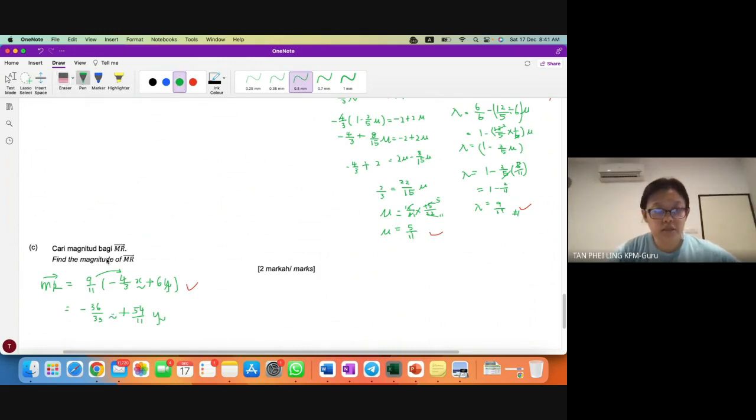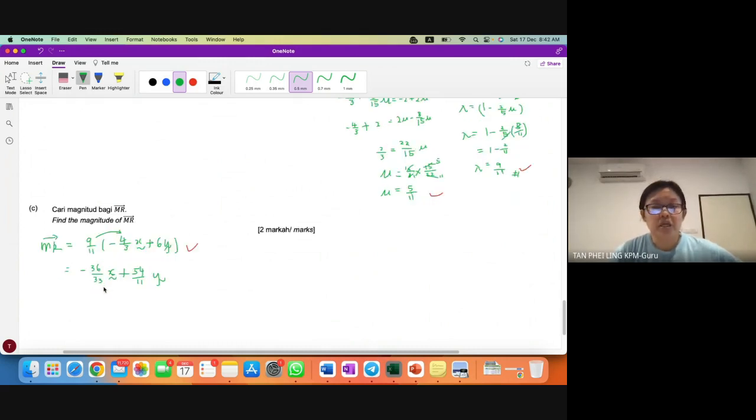This one you can simplify because you have 33. Did I do it correctly? Yeah, correct. So I can simplify, divide by 3, it becomes minus 12 over 11 x plus 54 over 11 y. Okay, all right, that is my MR.